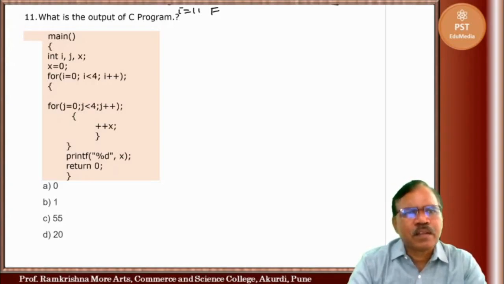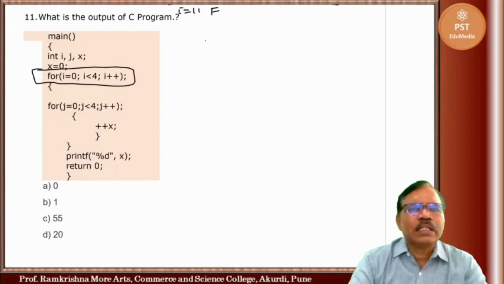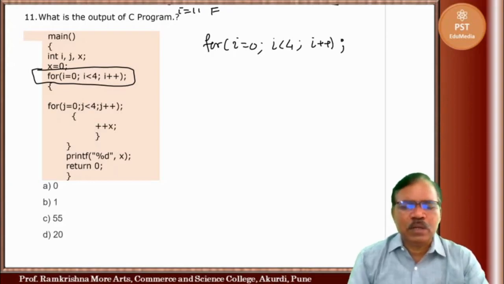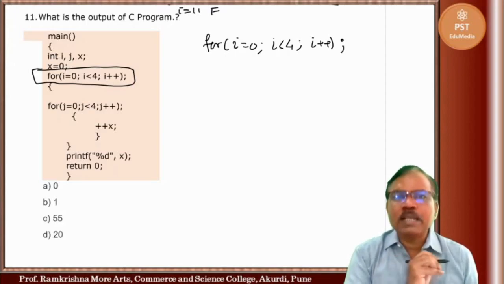So here, see this for loop. What is that for loop? For, semicolon. So what happens here?